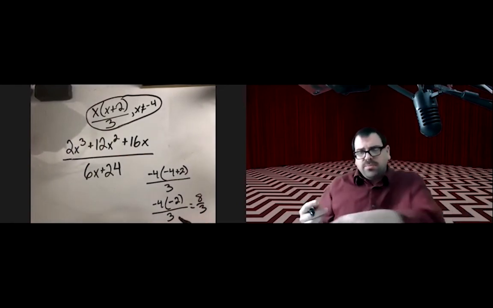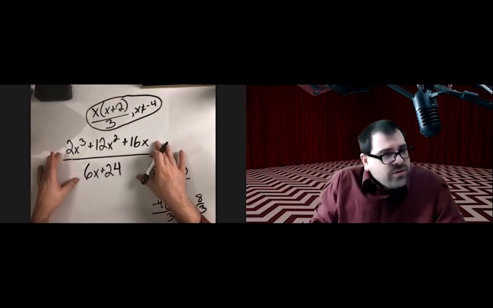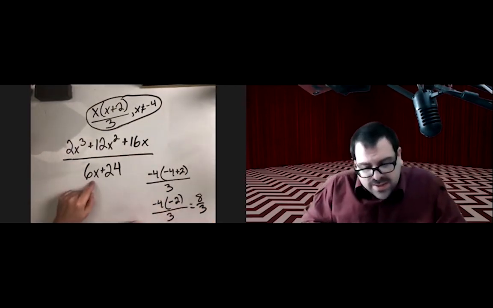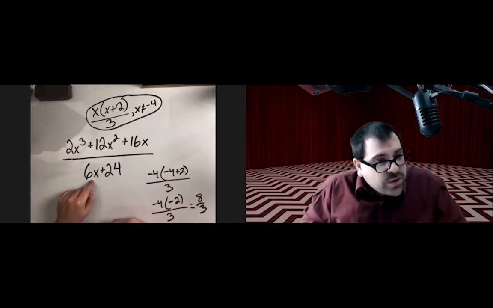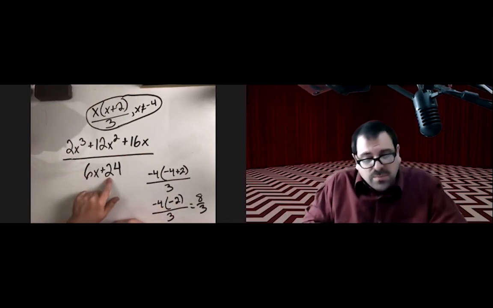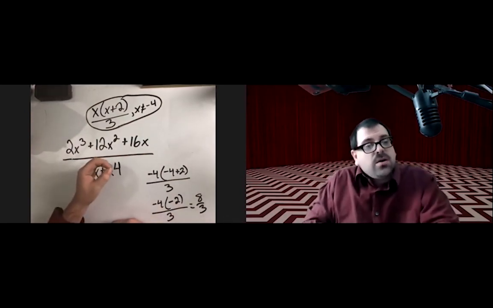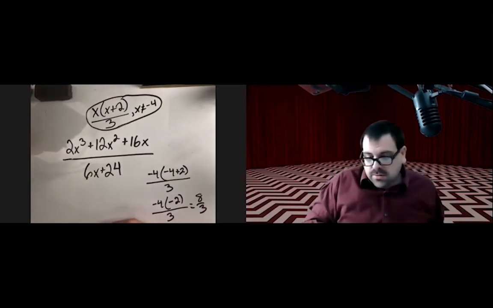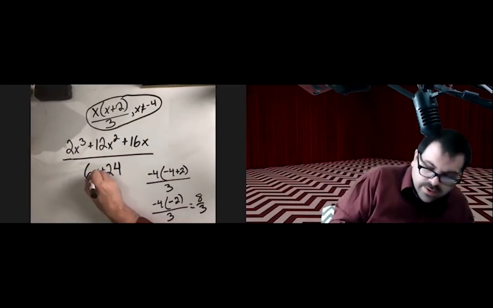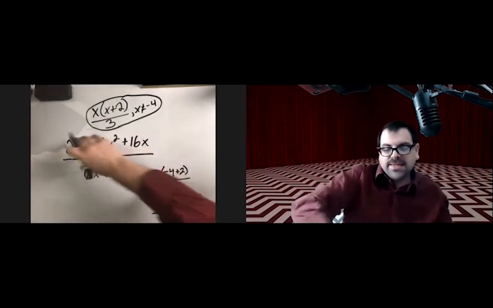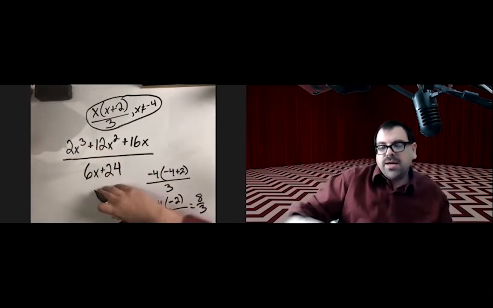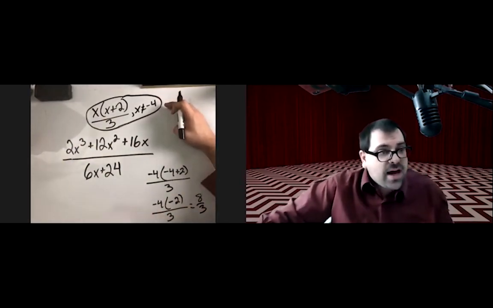But if we plug -4 into the original version, 6 times -4 is -24. -24 plus 24 is a big ol' honkin' 0. -4 makes this thing have a 0 on the bottom. It is undefined.